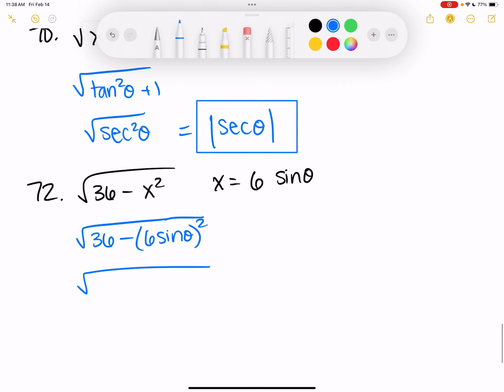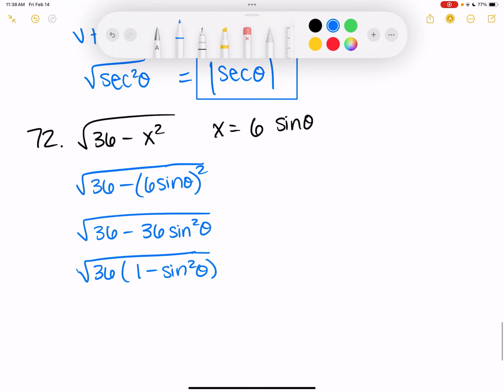So then this becomes 36, all under the square root, minus 36 sine squared of theta. At this point, both of these pieces under the radical have a 36 in them, so I can factor the 36 out. So this will be 36 times 1 minus sine squared of theta.